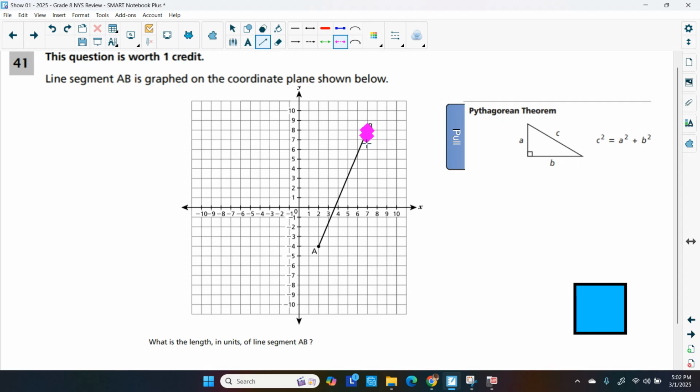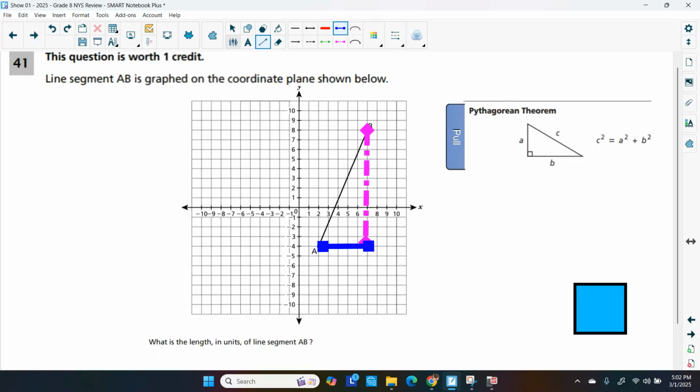I'm going to walk down to where A is with my purple line because I want to make a right triangle out of this. And I'm now going to use my blue and walk over to where A is. Notice I got a right triangle here. And since I do have it, I can find the value of line AB.